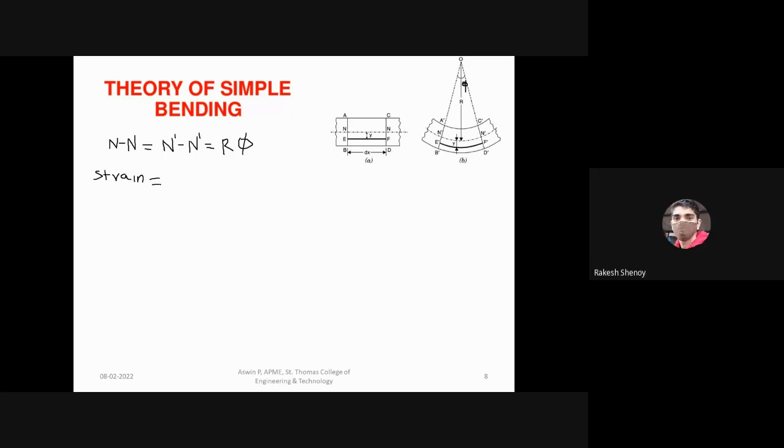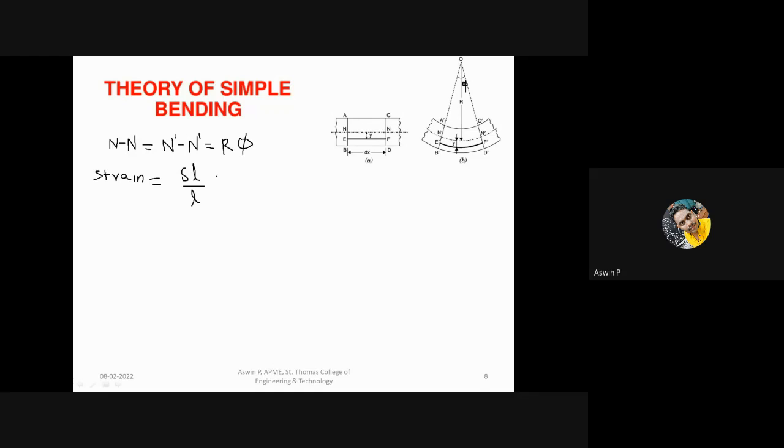Delta L by L. Yeah, that is delta L by L. Delta, small letter or capital letter, you can use delta; a capital letter means a triangle. So strain is delta L by L: change in length divided by original length. This is the basic equation.